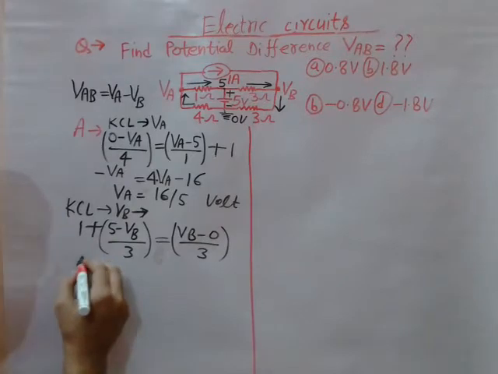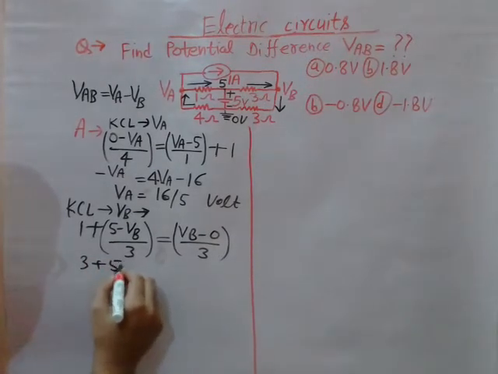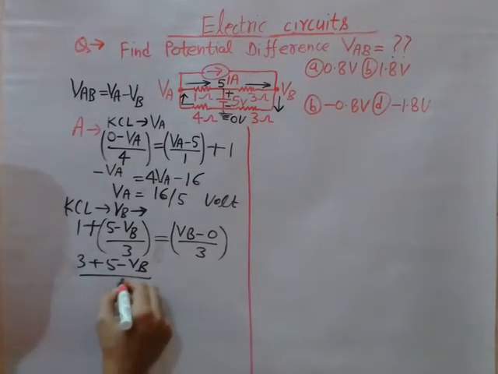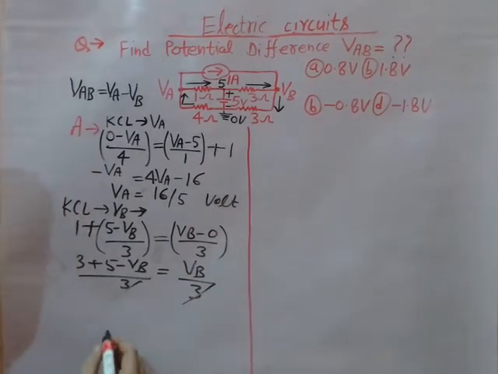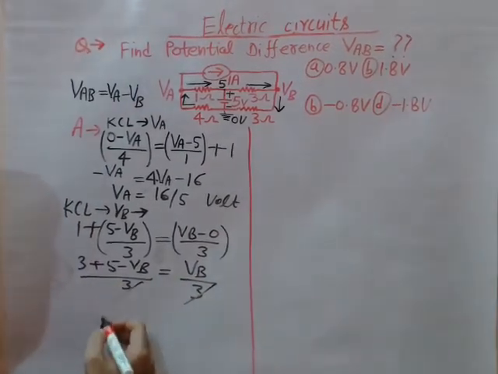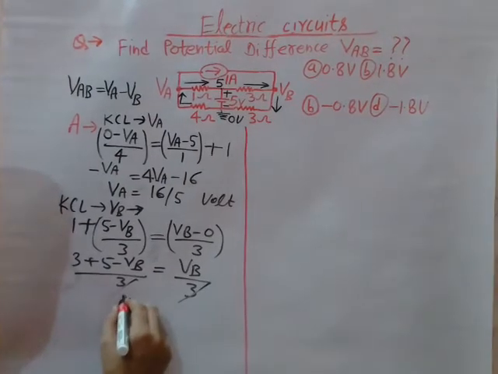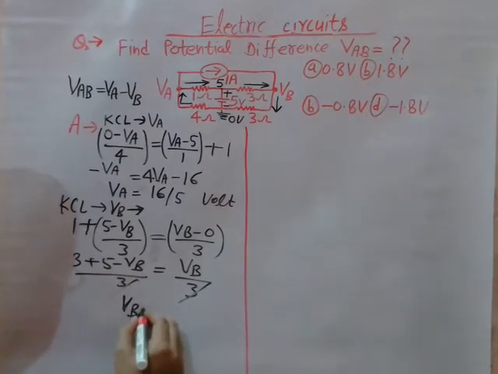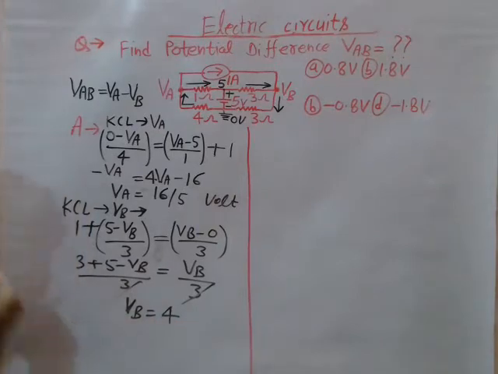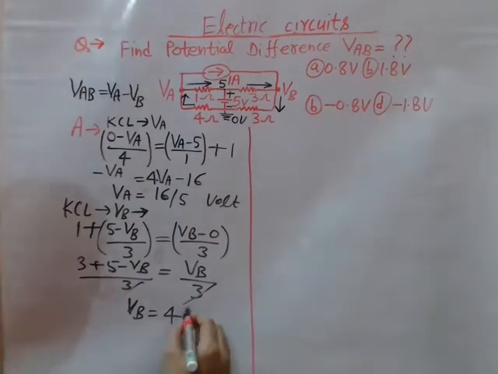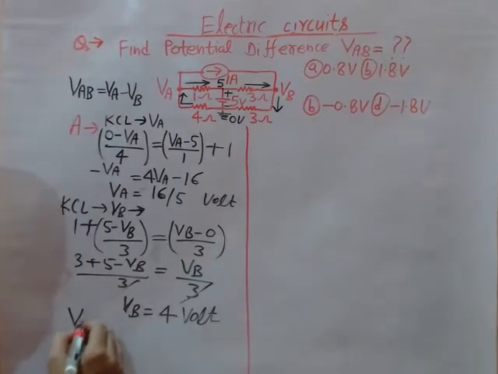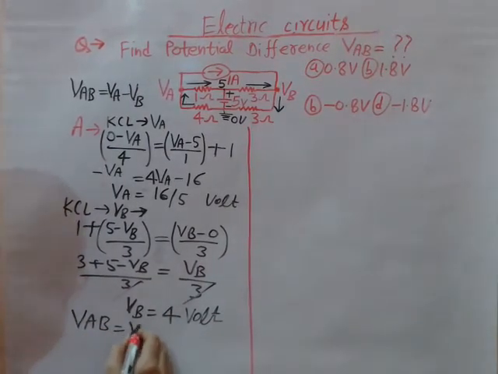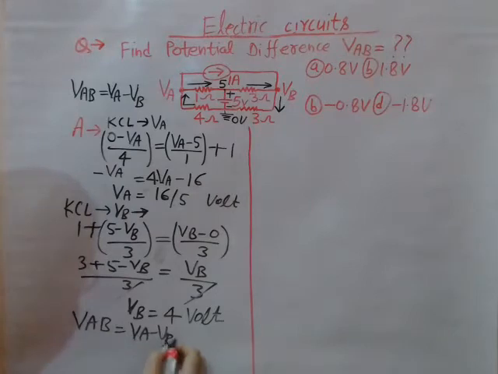Here you can further solve this. 3 plus 5 minus VB divided by 3 is equal to VB by 3. Solve this and you will get 2VB is equal to 8, or VB is equal to 4 volt. Now you have calculated VA and VB both, so VAB is equal to VA minus VB.